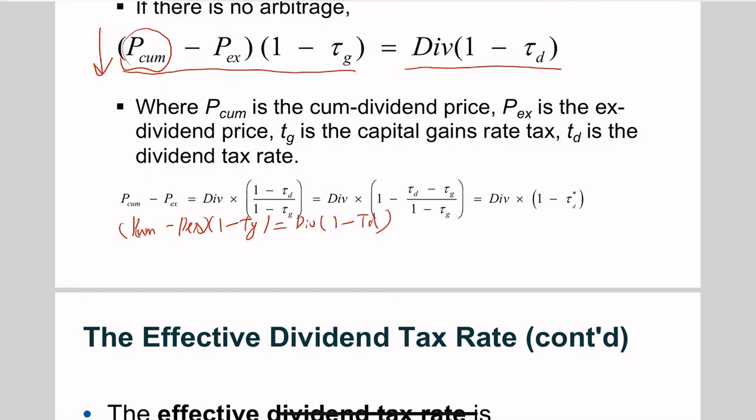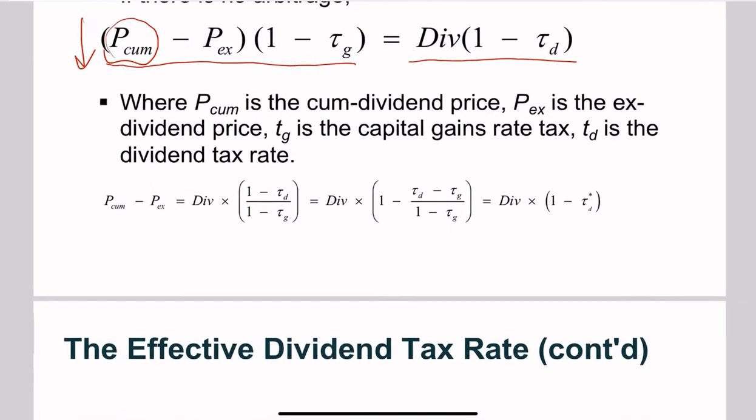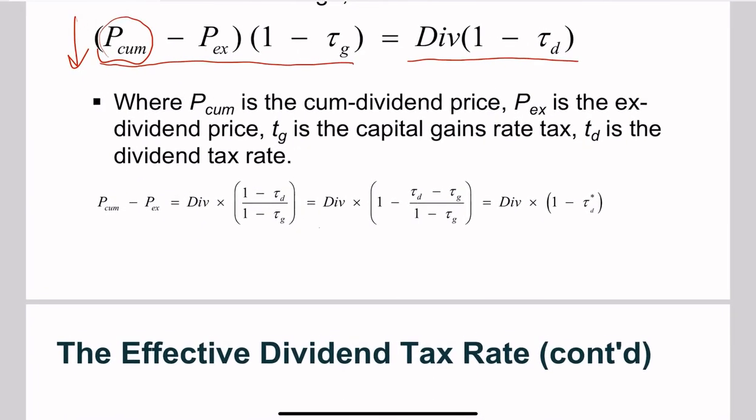So this implies the following result, right? And obviously this can be further simplified. I will not waste time writing these formulas here because we have exactly the same one in the lecture note. So you can see that you will have this.